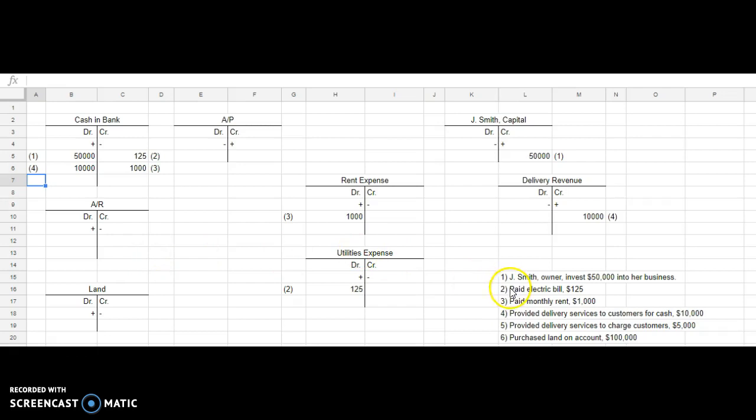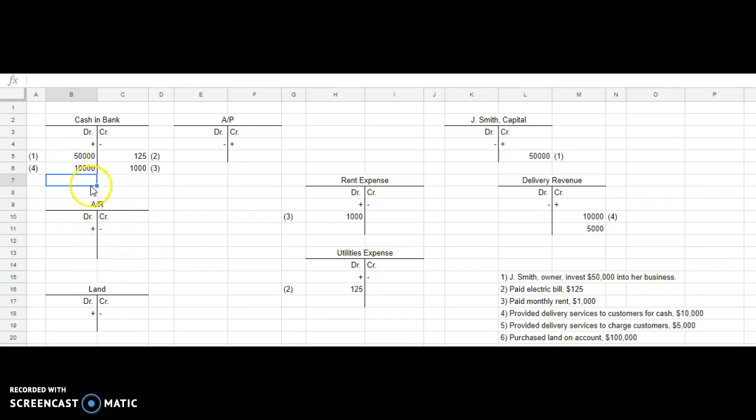Now the next one is you provided delivery services to charge customers, number 5. So you provided what? A service. That's how you generate revenue. So your revenue will go up 5,000. Did you receive the cash? No, but you will.